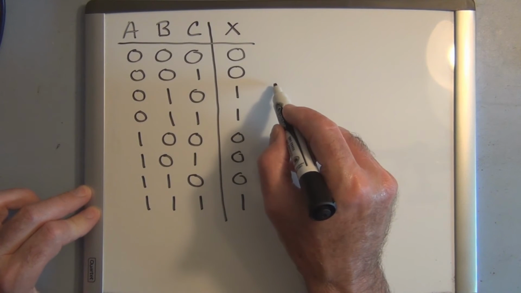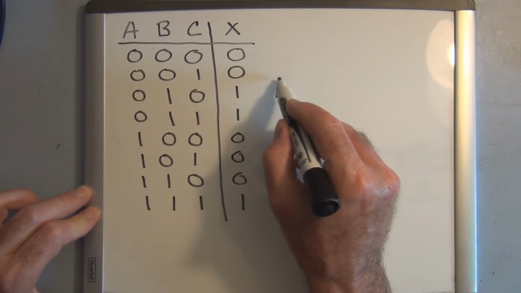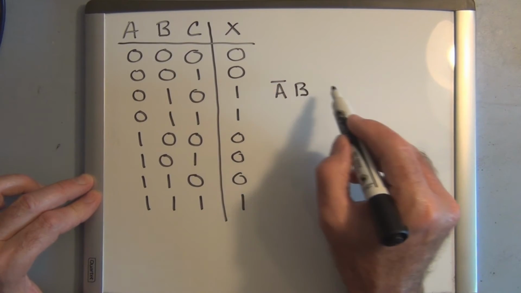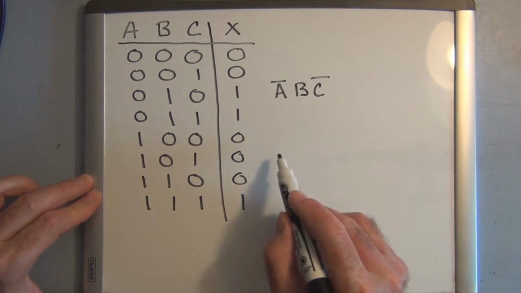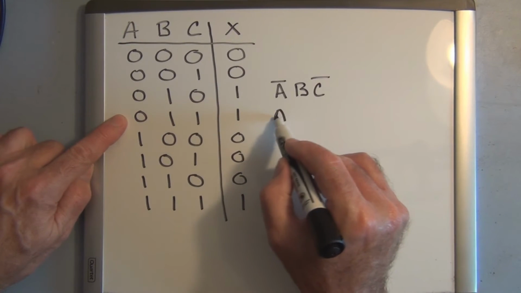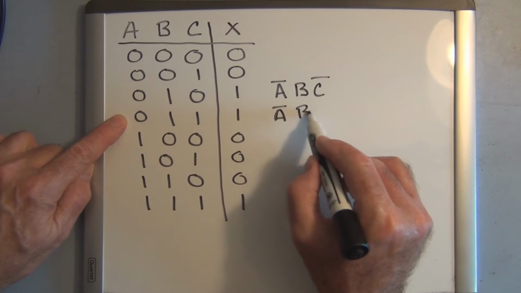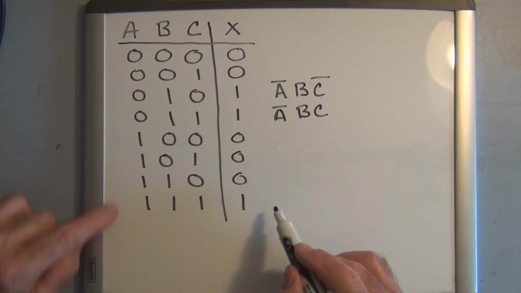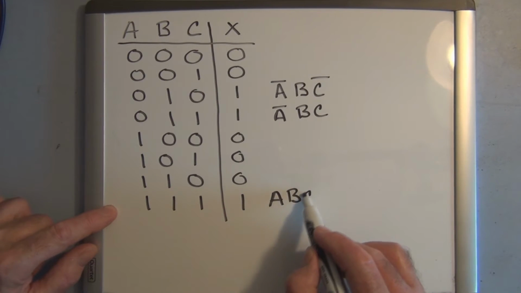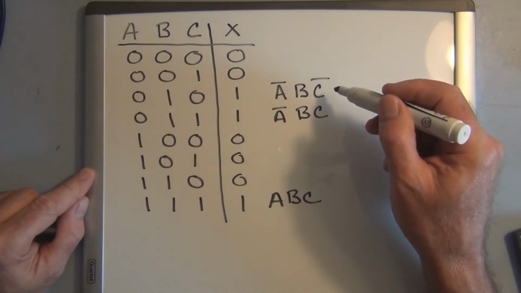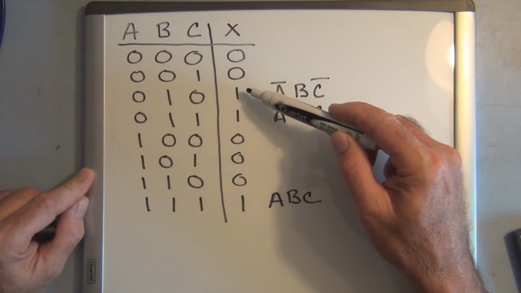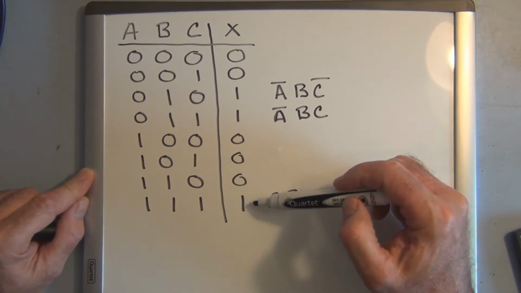So here this expression is A naught, because A is 0, B, and C naught. The AND term for this case is going to be A naught B C, and the AND term for this case is A B C. So here we've created an AND term for each case in the table where the output X is going to be a 1.